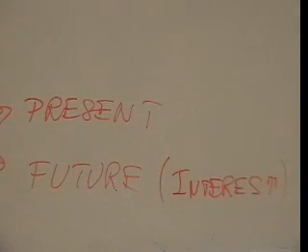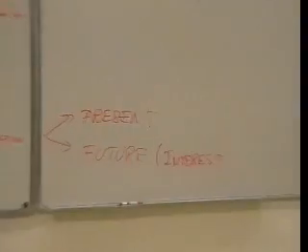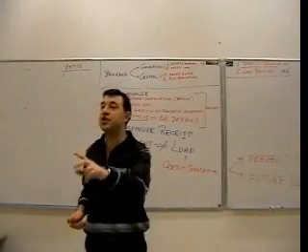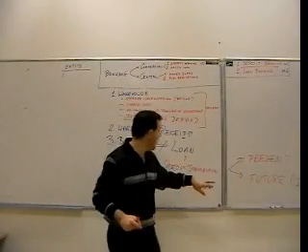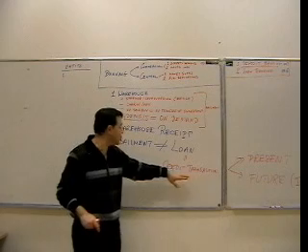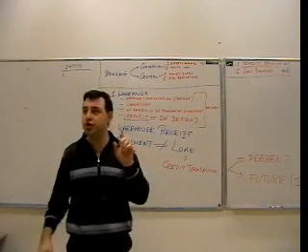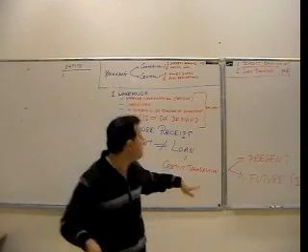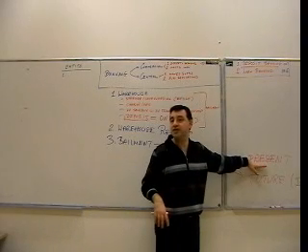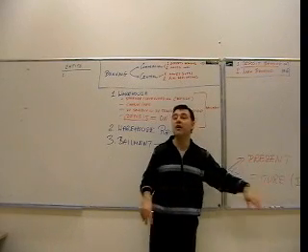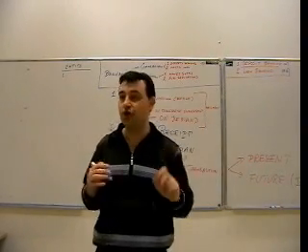Alright, so that is called interest. So interest is the compensation in a credit transaction in order to, and here's a key word, forego present consumption for the future.